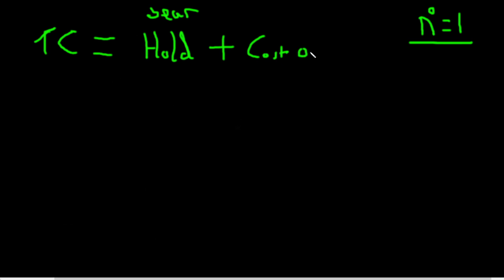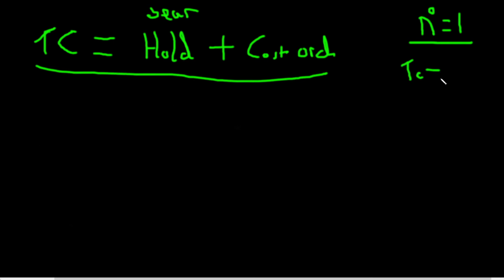Your total cost of ordering. Because you're going to have to keep ordering in goods as this year goes along. So that's our main thing to think about, and I'll write this up here. TC equals holding costs and costs of ordering, and it's the total.